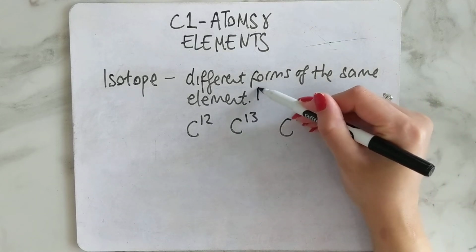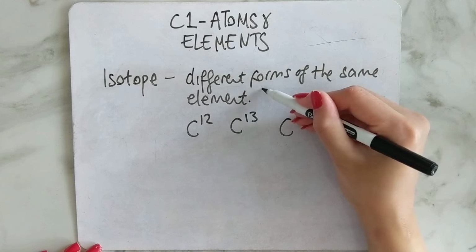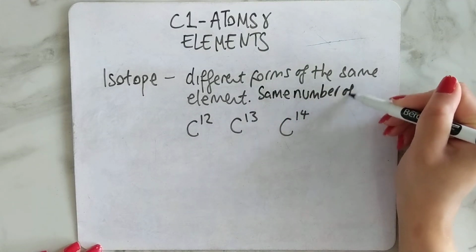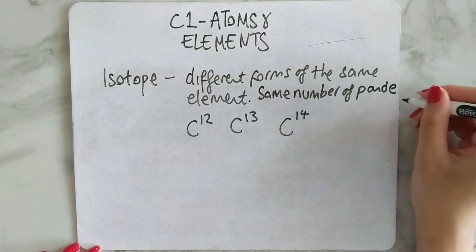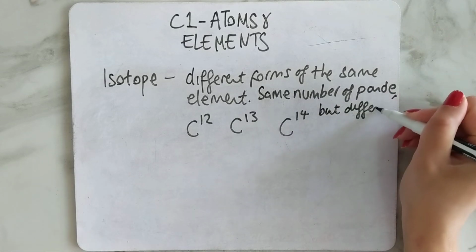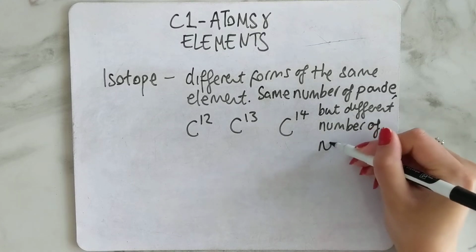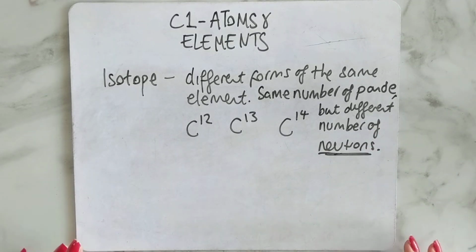So isotopes have the same number of protons and electrons, but different number of neutrons, and that's key here. Neutrons are different. So let me prove that to you then.